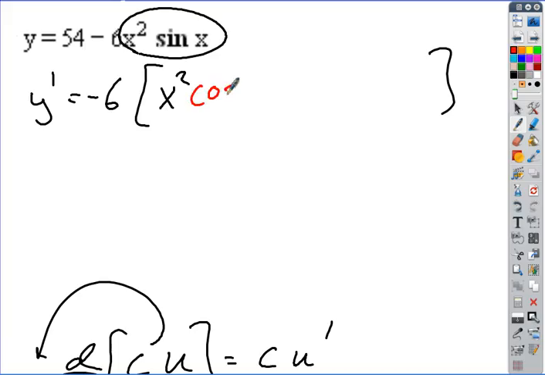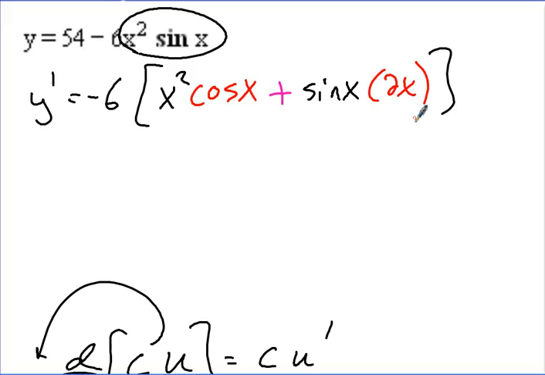Cosine x. Plus, and it's important that it's plus, not minus, 2x times sine x. And then I could factor out an x if I want to, or I could even redistribute the negative 6. It doesn't help you that much to factor that one. Eventually we're going to want all this factored.